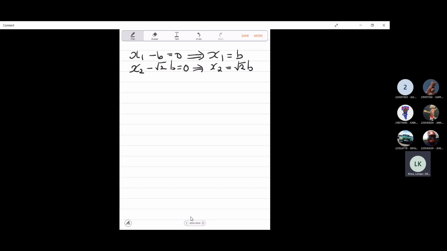So then my family of eigenvectors will be x1 is b, x2 square root of 2b, and x3 is b. And then our usual is when b is equal to 1, this is 1, square root of 2, and 1.